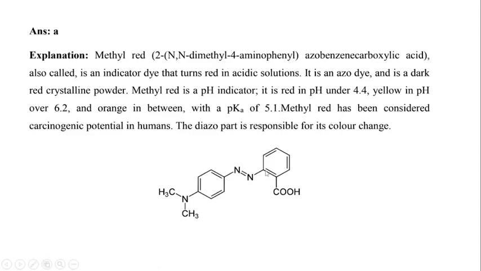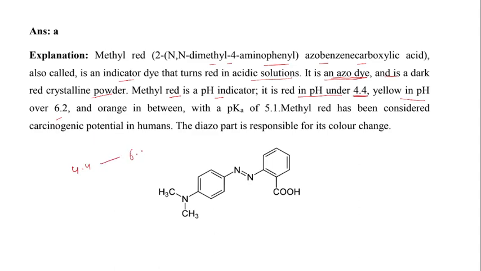What is given here? Let me read. Methyl red, 2-(N,N-dimethyl-4-aminophenyl)azobenzene carboxylic acid, is also called an indicator. It turns red in acidic solution. It is an azo dye and a dark red crystalline powder. Methyl red is a pH indicator. It is red at pH under 4.4 and yellow at pH 6.2.